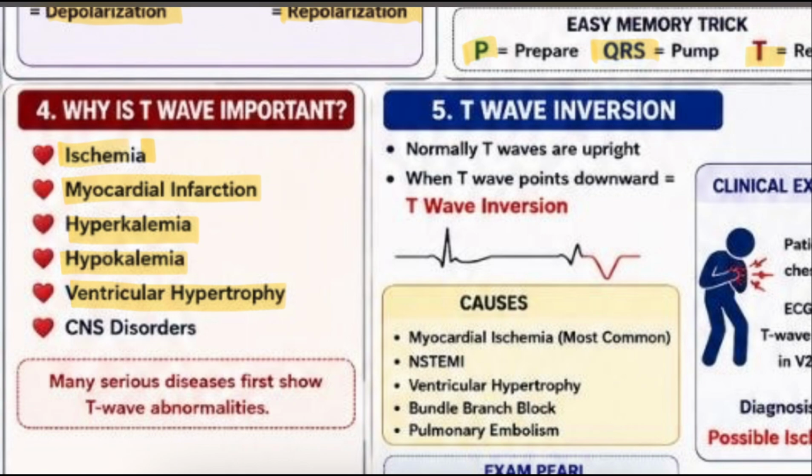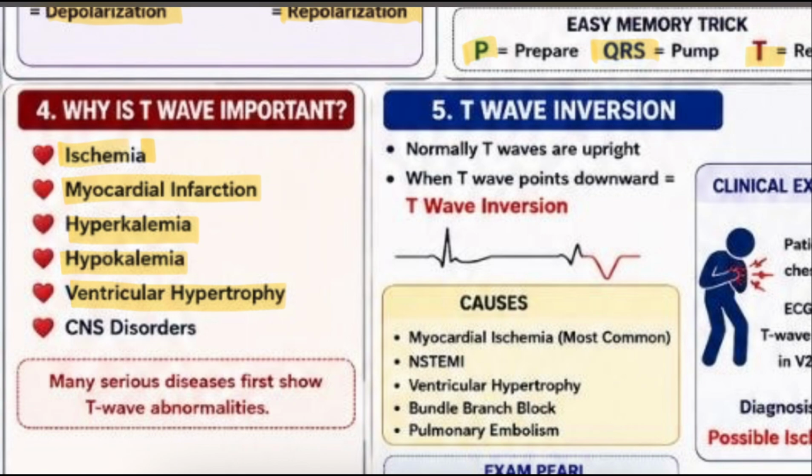The most common cause of T wave inversion is myocardial infarction, and you can also see NSTEMI, ventricular hypertrophy, bundle branch block, and pulmonary embolism. These are things that can cause it. From an exam point of view, with T wave inversion we always have to think of ischemia.